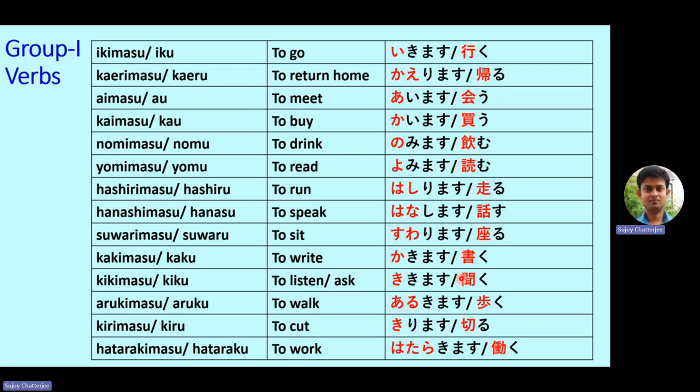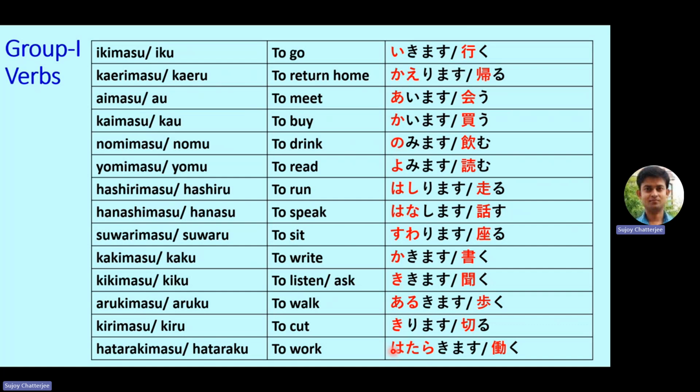That's why for all verbs the stem is always written in kanji, and the verb ending, the conjugation, is written in hiragana. Although we have written like this here since this is a beginner's course, when you learn all these kanji, you must write these kanji instead of these red portions of hiragana.